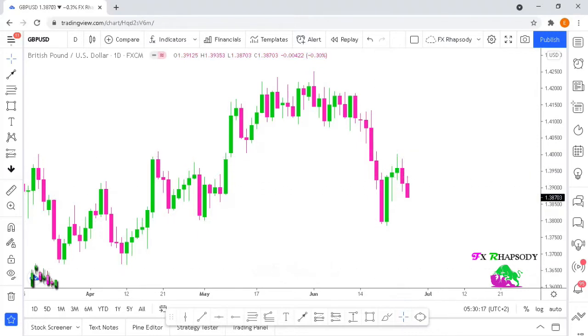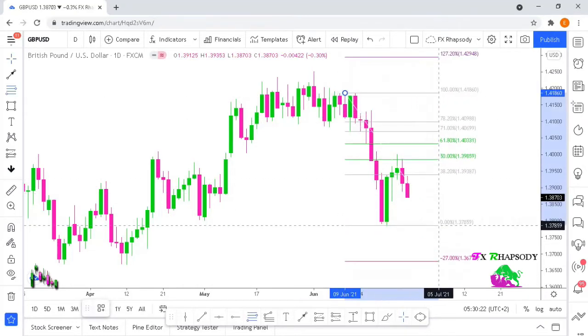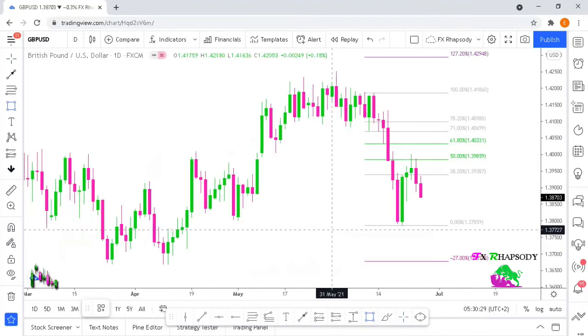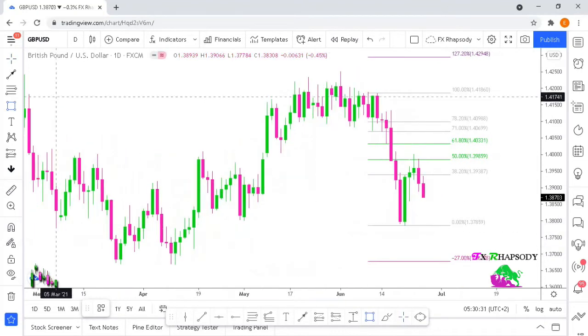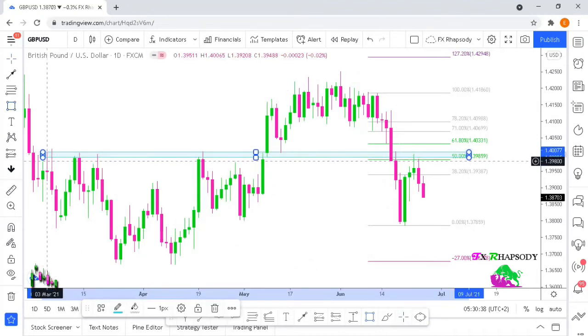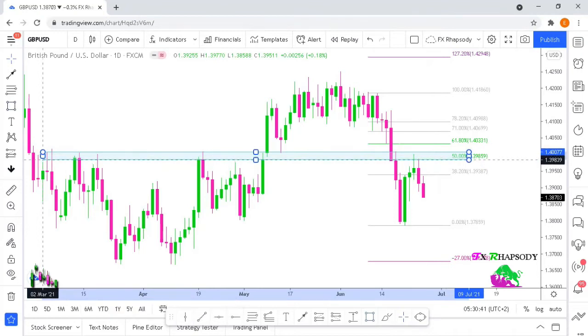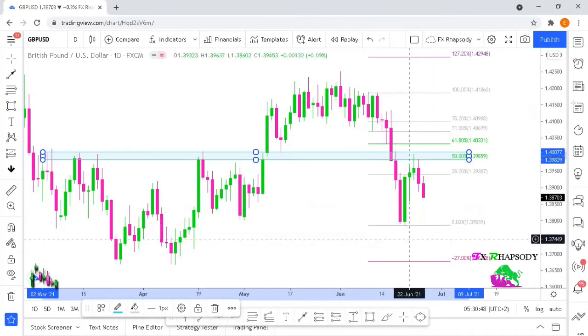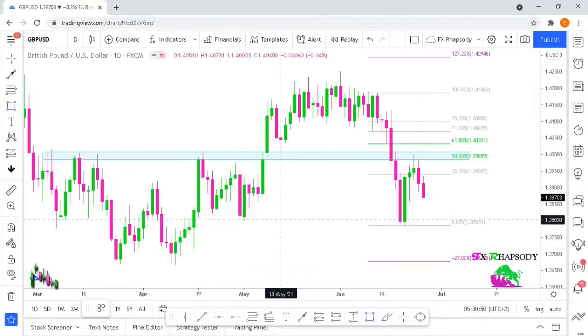If I take my Fibonacci out from the high to the low, you can see clearly how this area, there we go, you can see better, was a nice key area of resistance in the past. We just expand it a bit, there you go. You can see here how price pushed down and bounced off this bottom here. So let's see why it bounced.